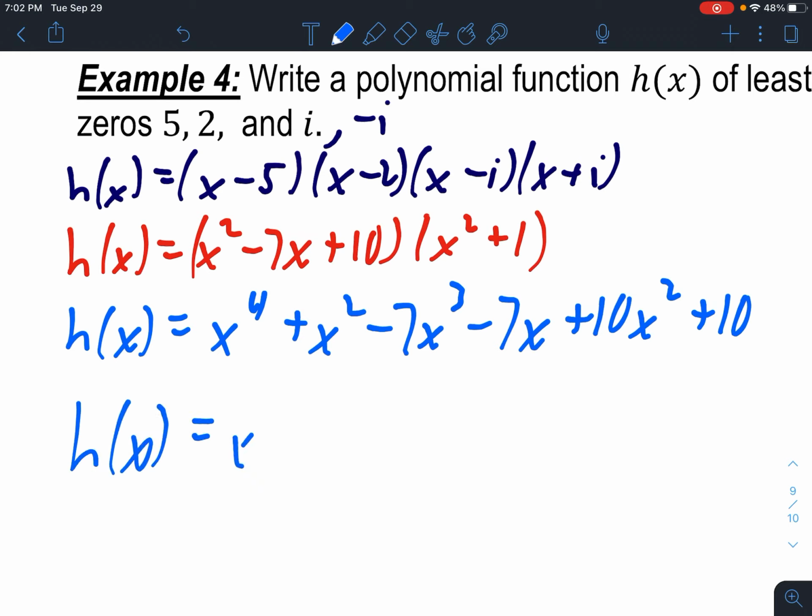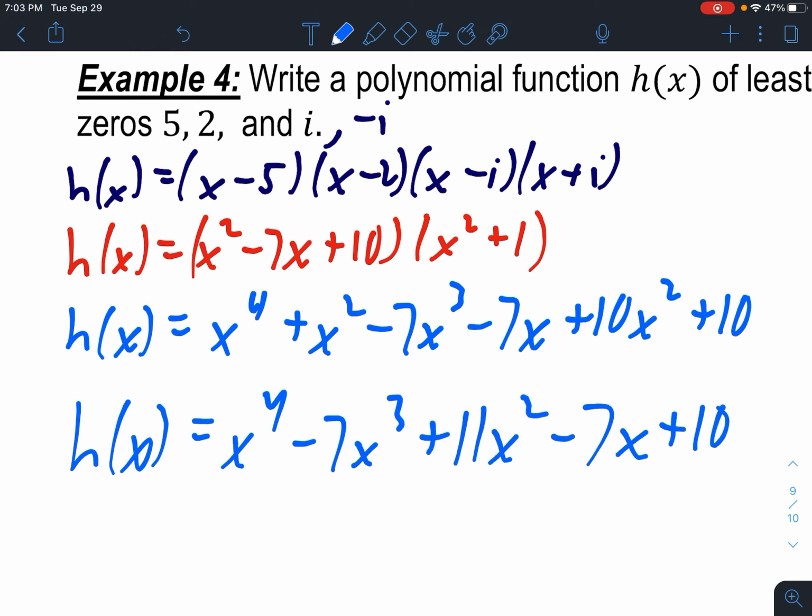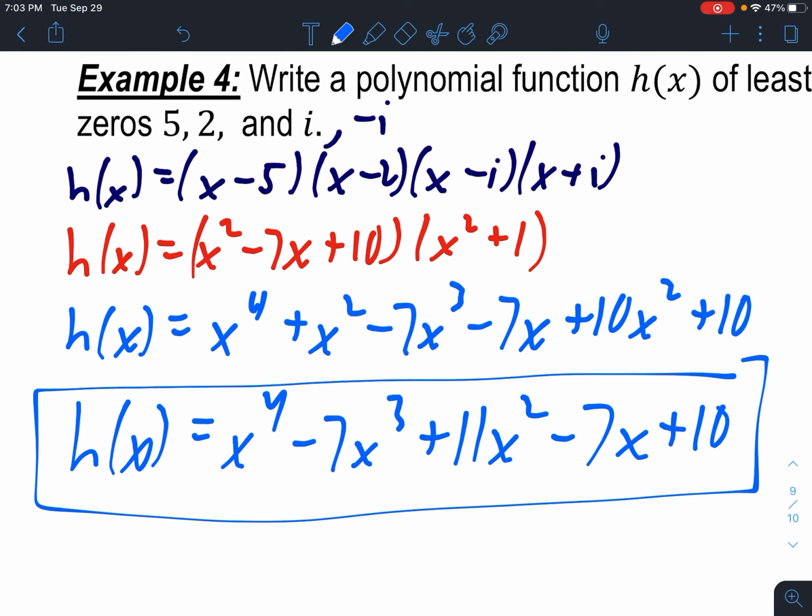Combining some like terms and writing in descending order gives us our final answer for that.